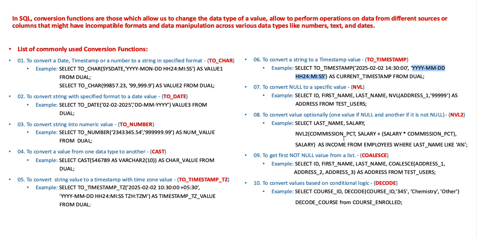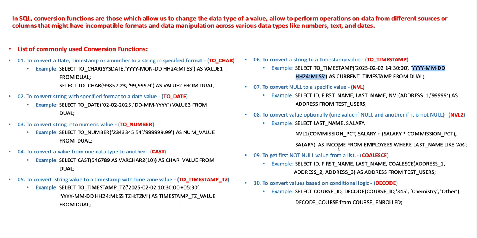But in the commission percentage column, for some of the employees it is null. That means the amount obtained by commission percentage is already added to their salary. In such a condition, the commission percentage column becomes null.